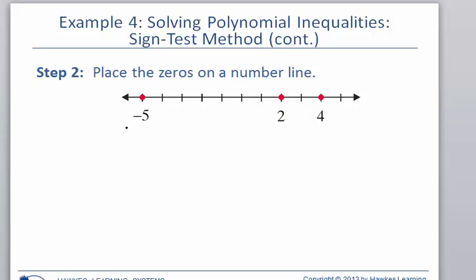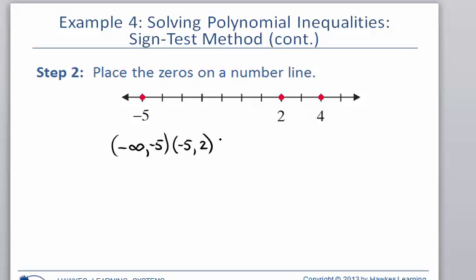I'm going to start at the left. The left-hand side of the graph starts with negative infinity and goes to negative 5. That is one interval that we're going to look at. Then we have the interval that picks up on the other side of negative 5 and runs all the way to 2.